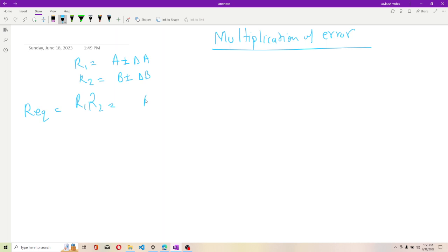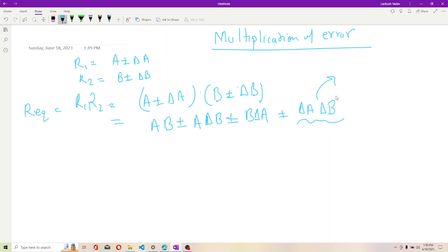minus delta B. Okay, so we have this one, and now we can write it as AB, then plus minus A delta B, and similarly we can write it as plus minus B delta A, plus minus delta A into delta B. Now you can neglect these two errors.